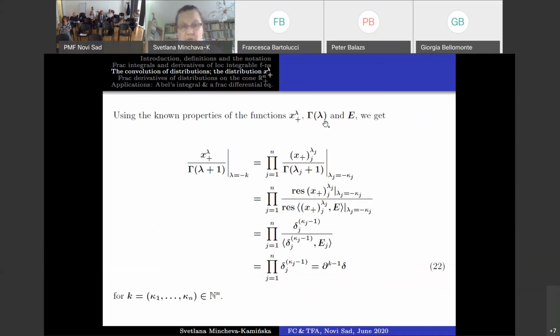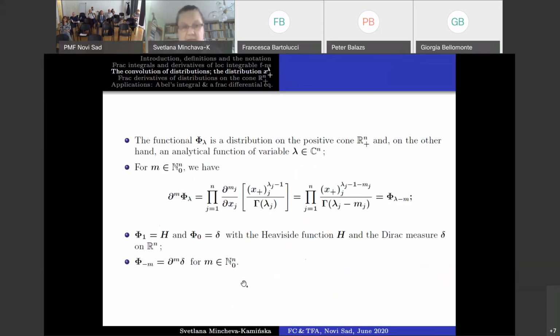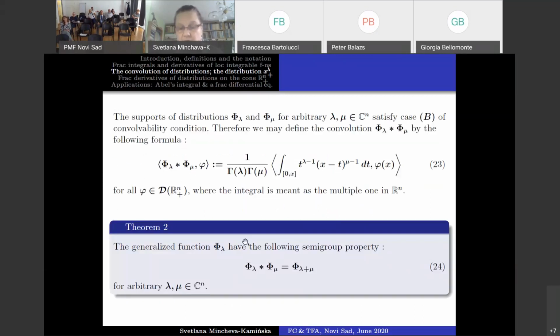And the respective values of these quotients, considered as distributions, are just the respective partial derivatives of delta measure in the multidimensional case.